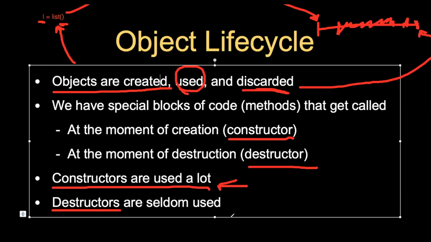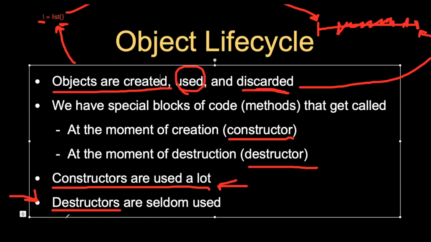A lot of times when you exit the code, your program ends. That basically means all the objects are obliterated, meaning they're deleted. So why do you have to call destructor? What's the point of doing that if you know that by shutting down your program, everything would have been gone anyway? Therefore, destructors do not get used a lot, but it is there, right?